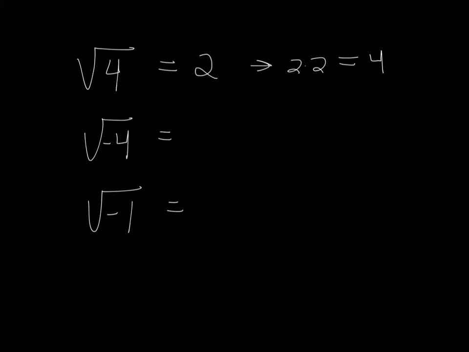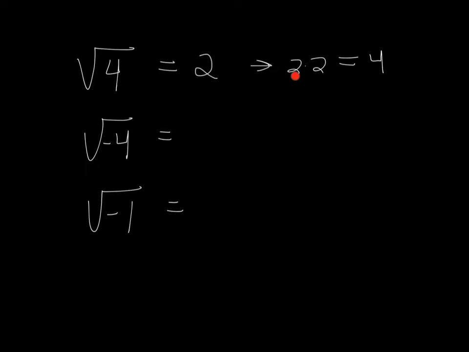These next two, you'll see that we have a negative inside. We just did 4 here, so I'll do the same number, but now I put a negative there. If you've been paying attention, you know that can't be done. There is no number that, multiplied by itself, would equal negative 4, because it's got to be the exact same number.